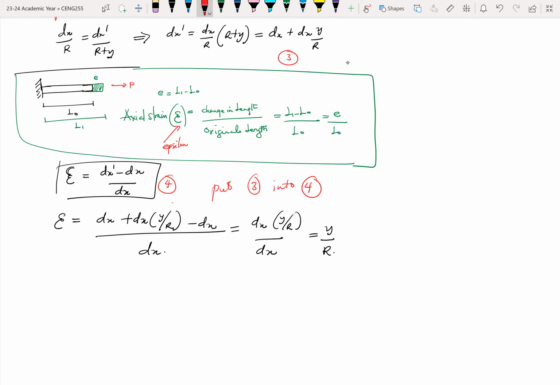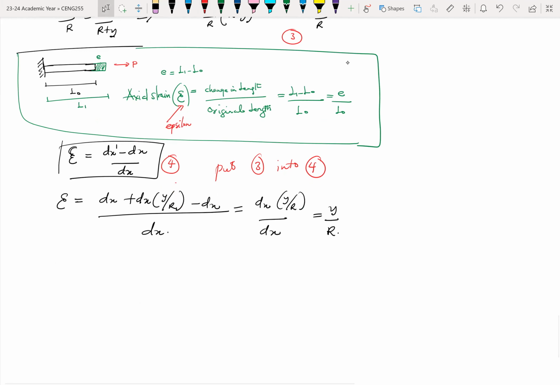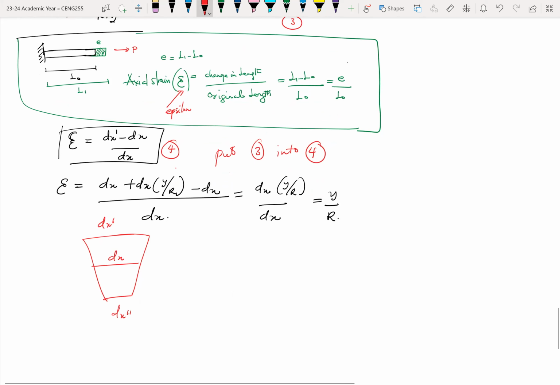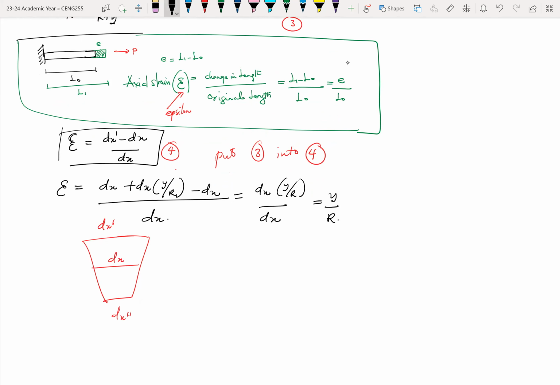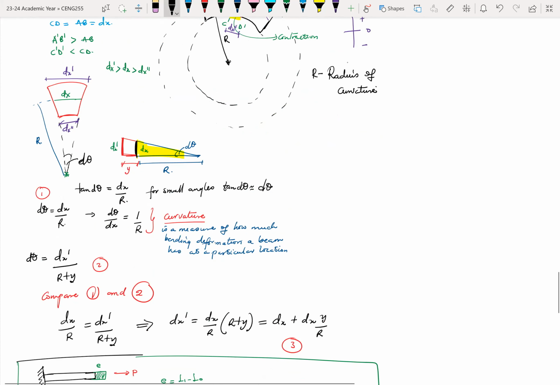So if you go back to our initial object, these are the x prime prime, these are the x prime, and now we have at the center the x. So I have y here.